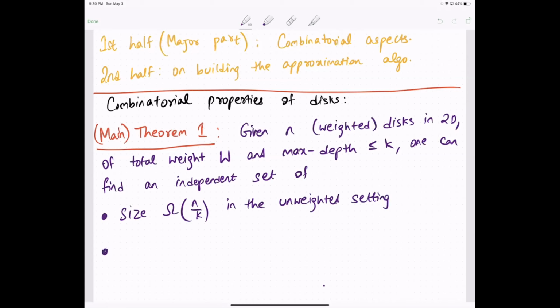And in the weighted setting, we can find an independent set of weight at least W over k.